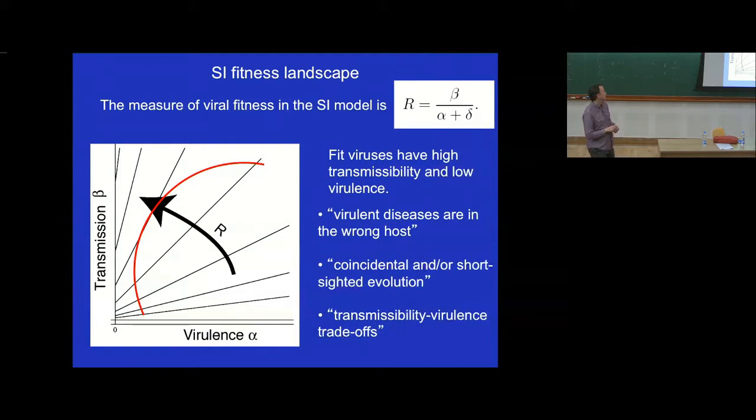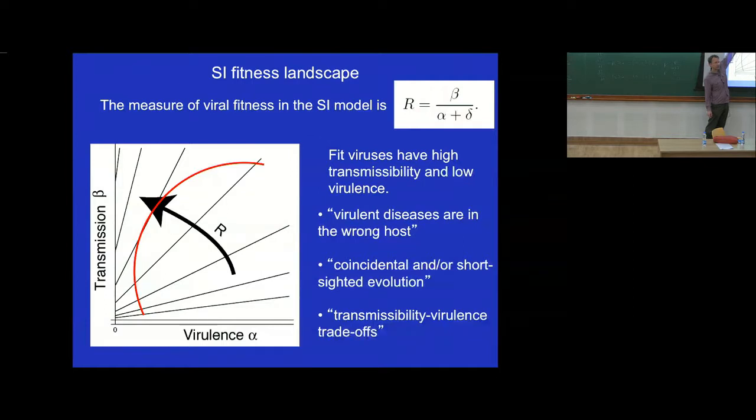All right. So transmission virulence trade-offs can be visualized by looking at these axes. Imagine a universe of viruses characterized by their virulence alpha and their transmission beta. These black lines are level curves of R, and this arrow indicates where the viruses want to be. If you're a virus, you want to be up here.